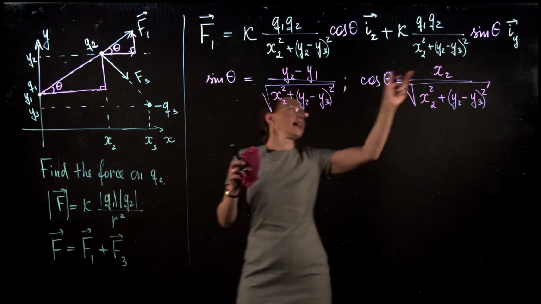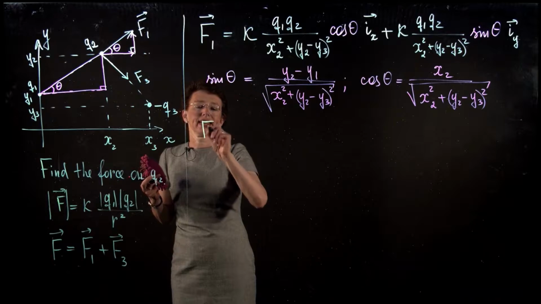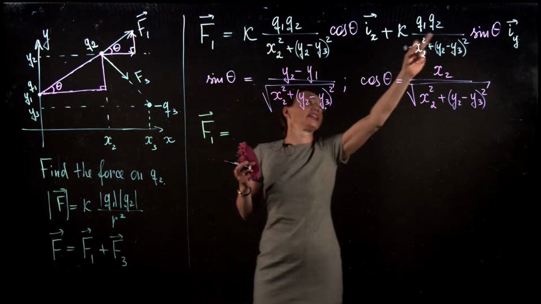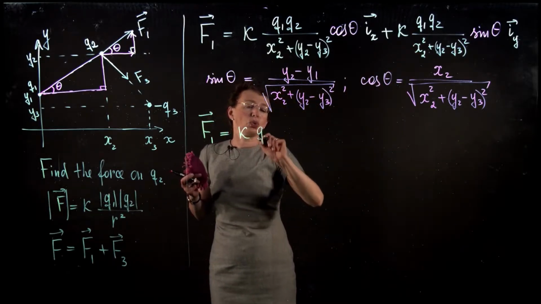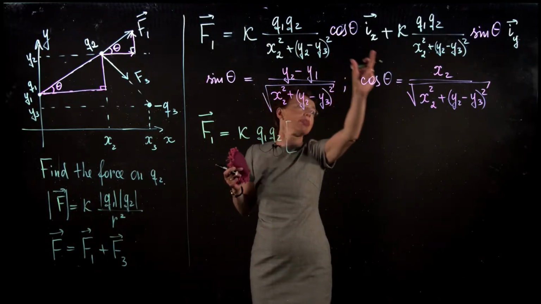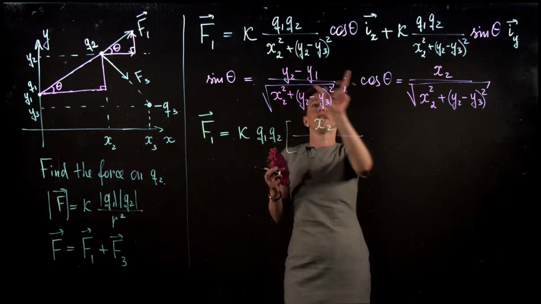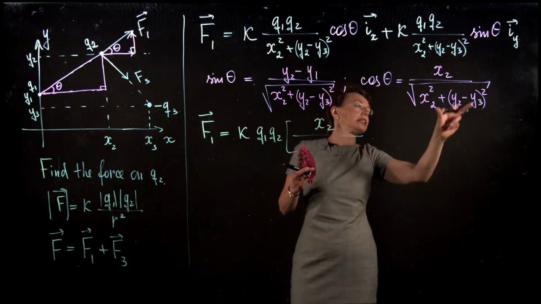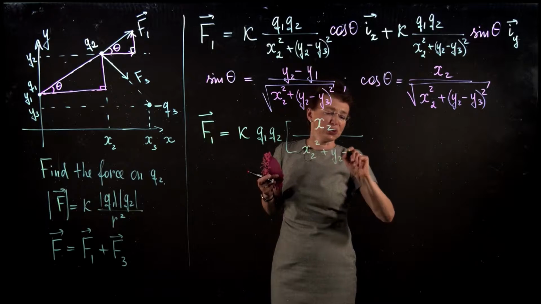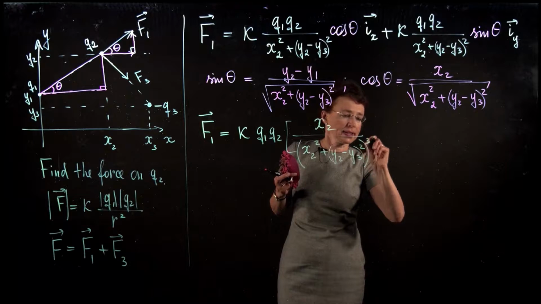And now I bring sine and cosine here in my F1. So what will be F1? F1 is, I factor out K, Q1, and Q2. So K, Q1, Q2, I open brackets. Then from cosine theta, I will have x2 divided by this guy, and square root of the same guy will bring me to x2 squared plus y2 minus y3 squared to 3/2.